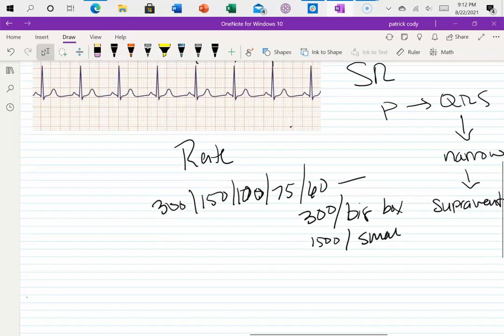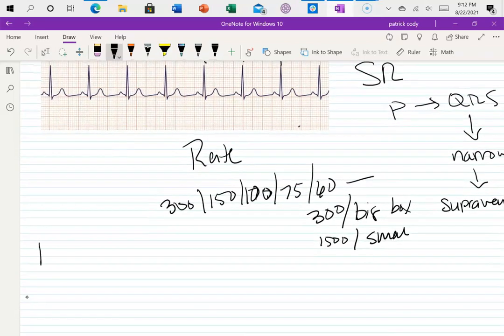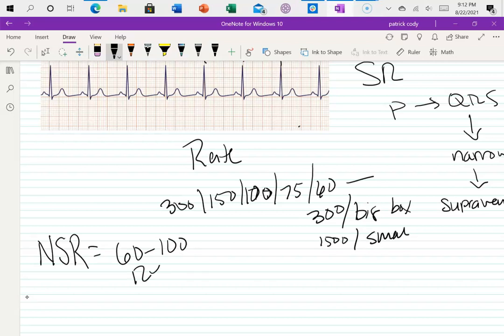So, lastly, we decided that for something to bear the name of normal sinus rhythm, which is plain Jane vanilla ice cream sinus rhythm, we have to have a rate that is 60 to 100. We have to be regular. We have to have a P in front of every QRS complex.